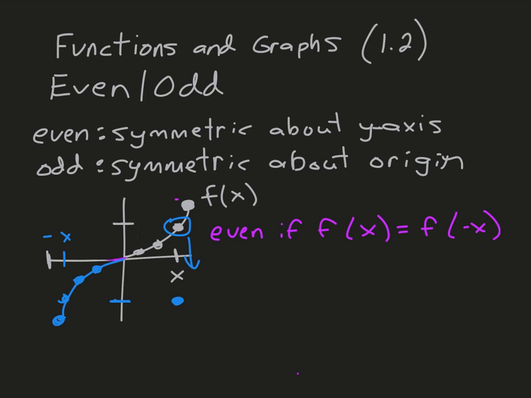If I reflect that point over the x-axis, I'm finding negative f of x, because I have the f of x y value and I multiply it by negative 1. That gives me the same y value as negative x would have. So in order to have an odd function, we need negative f of x to be the same as f of negative x.